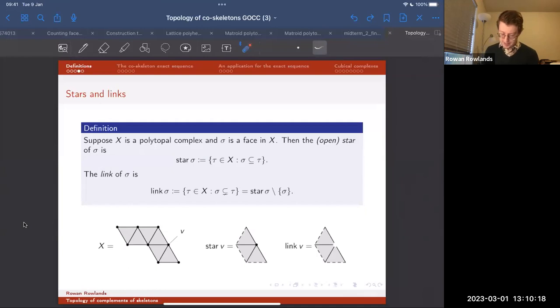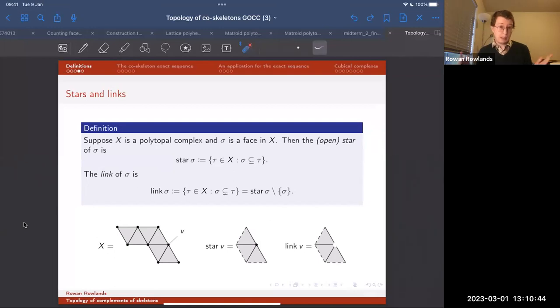If you think of this set of faces as a poset ordered by inclusion, then as a poset that is isomorphic to the more traditional link of a face if you remove the empty face. Also, it is homotopy equivalent to the usual link as well. So this is a slightly more topological version of the more traditional link of a face.